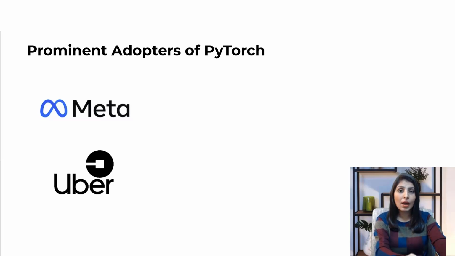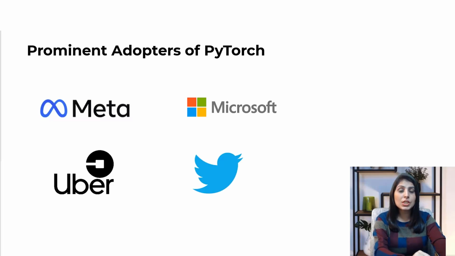They are using PyTorch for projects ranging from self-driving cars to natural language processing. Microsoft, a major player in the tech industry, has also embraced PyTorch for AI related research. Twitter uses PyTorch for machine learning, enhancing their recommendation systems and content analysis. Apple has also chosen PyTorch for computer vision projects.